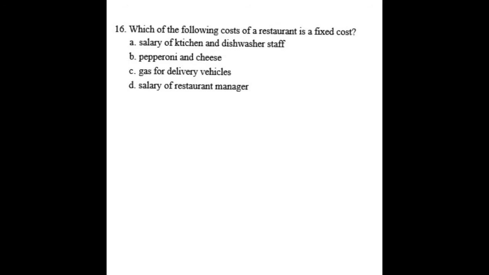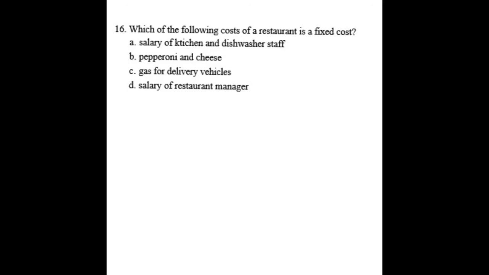Going through this list of items, the kitchen and dishwasher staff will vary with the number of customers at the restaurant. The more customers, the more dirty dishes, the more people you have working in the kitchen. Pepperoni and cheese: the more pizzas being served, the more need for pepperoni and cheese.